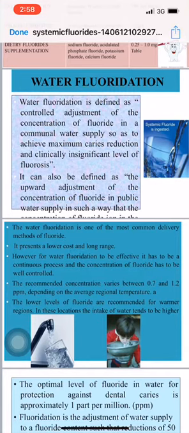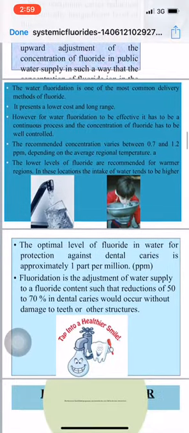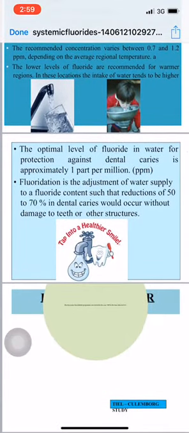In these locations, the intake of water tends to be higher compared with cold regions. The optimum level of fluoride in the water for protection against dental caries is approximately 1 part per million.